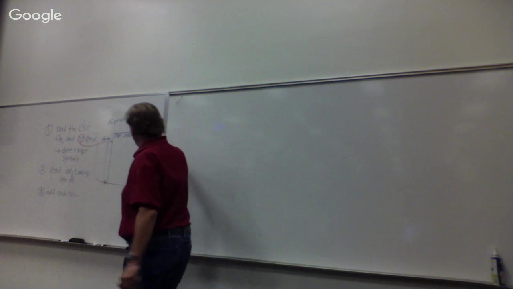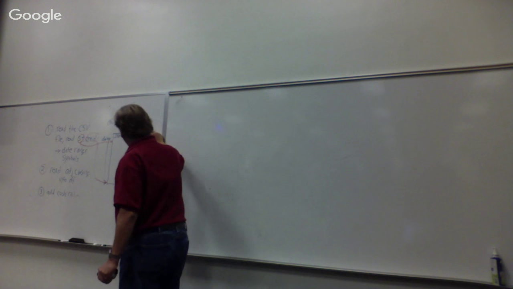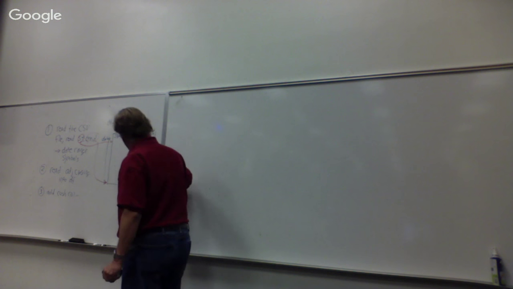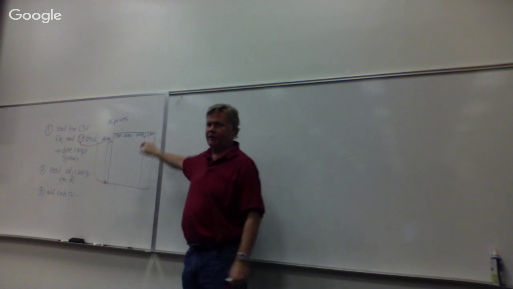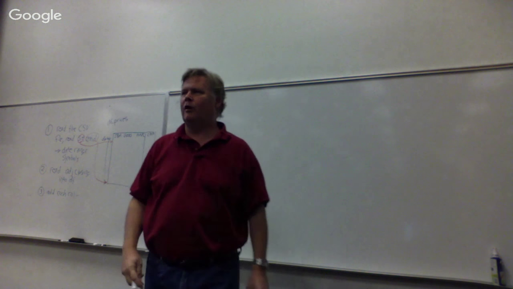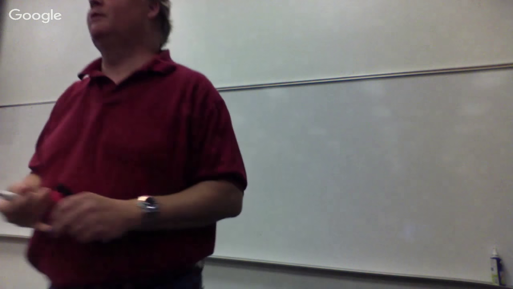So I'll add one more column here called cash. What cash represents is the price for 1 unit of cash. Anybody have a guess?